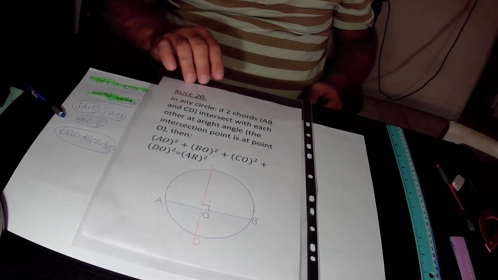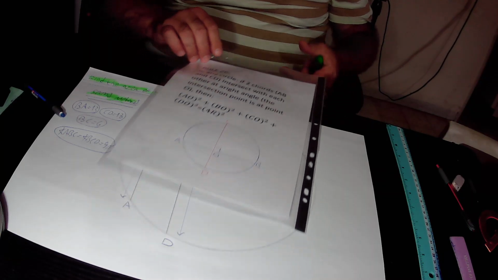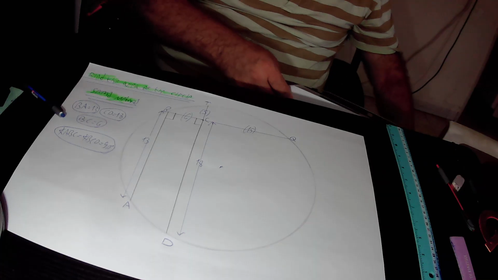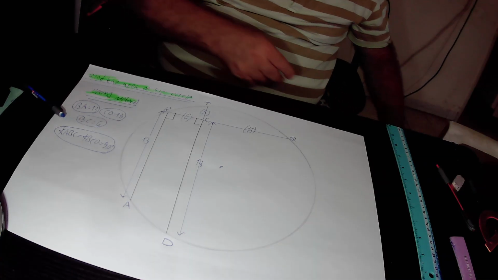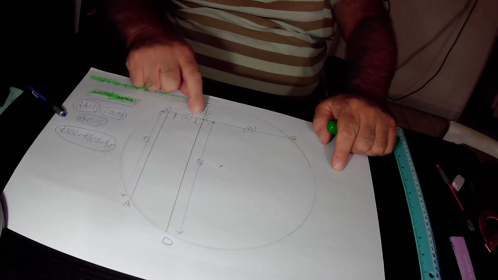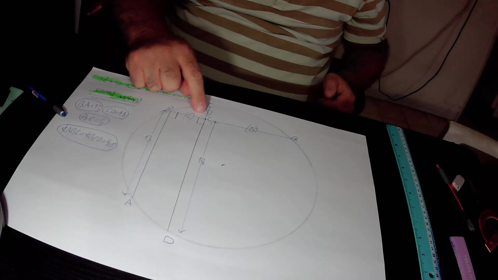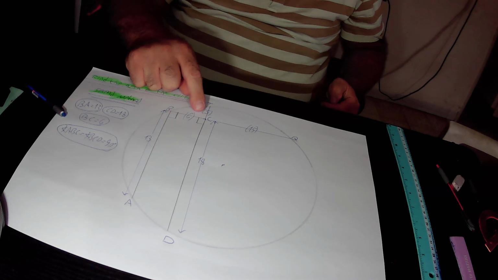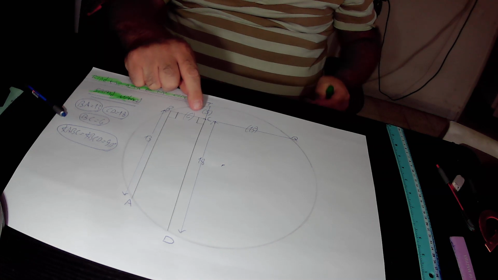So we can definitely implement rule 26 in our drawing. As I mentioned before, chord TD intersects chord BQ at 90 degrees at point C. So all the requirements for rule 26 are satisfied, and therefore we can implement rule 26 in our drawing.